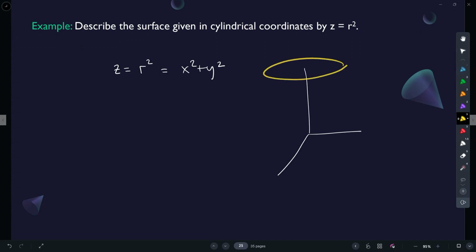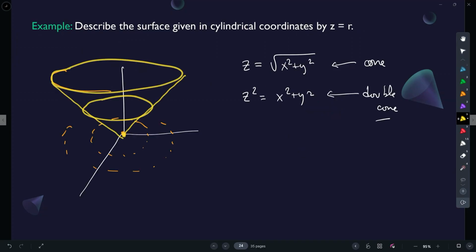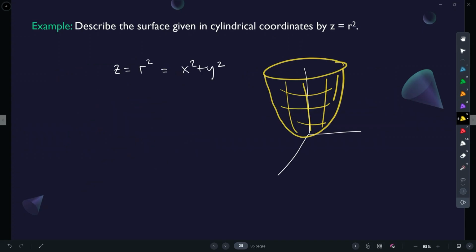Okay, so now I get something like this, a paraboloid. But see that they both are shapes that have rotational symmetry about the z-axis because they are given in cylindrical coordinates.